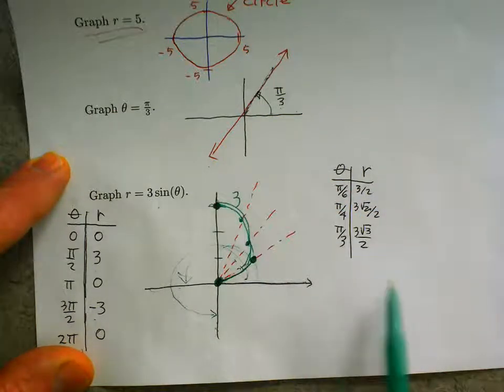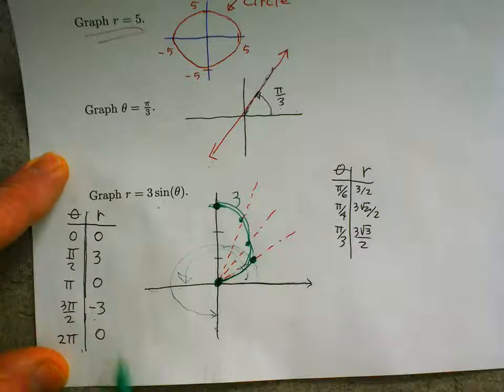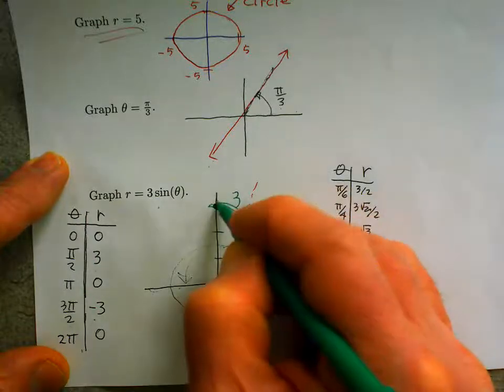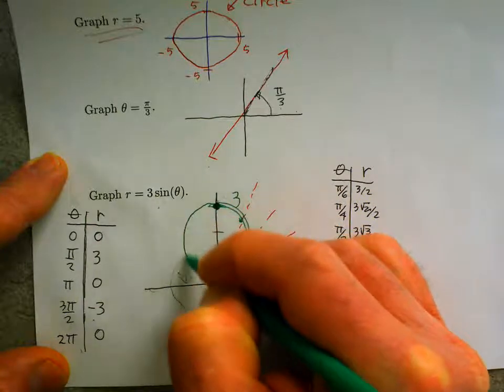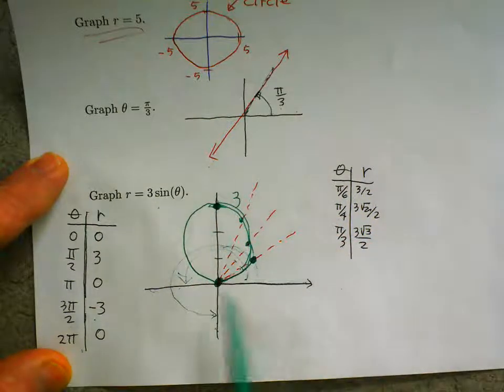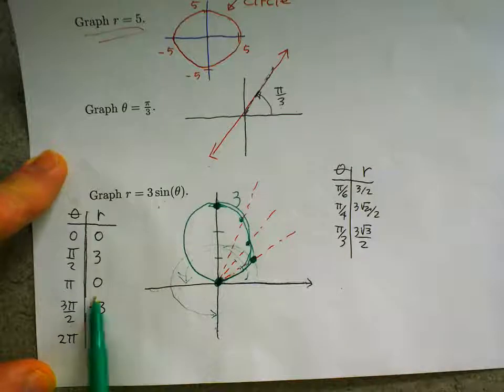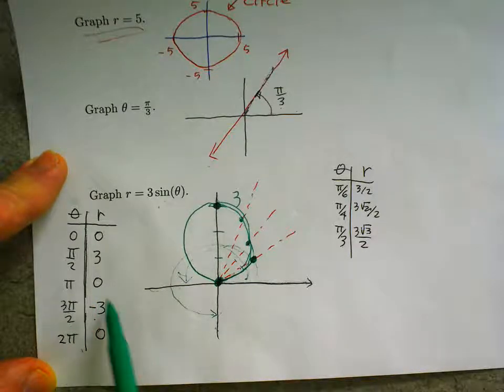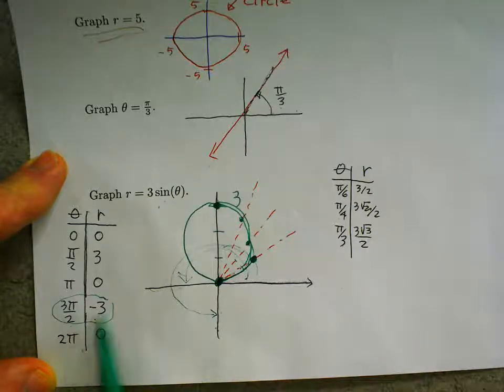So if we plot points from pi over 2 to pi, we'll complete the circle. And as we already saw one instance of a retracing, between pi and 2 pi, the circle is retraced.